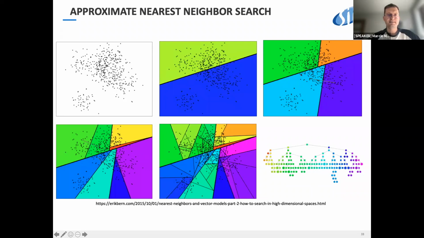And performing this iteratively would actually build a binary tree, a binary search tree. In such a tree, the nodes represent the splits and the leaves represent the data points. Actually, we could even build multiple such trees and run the search in parallel to get further performance gains.